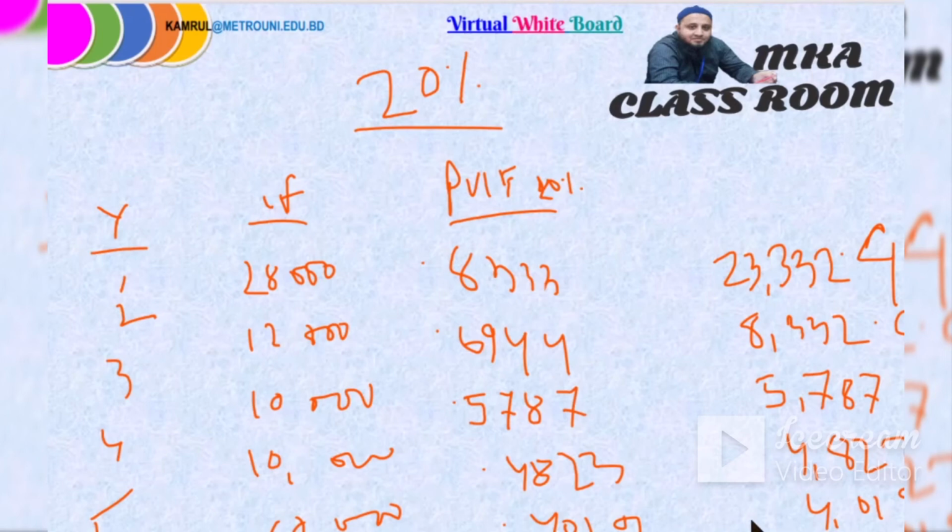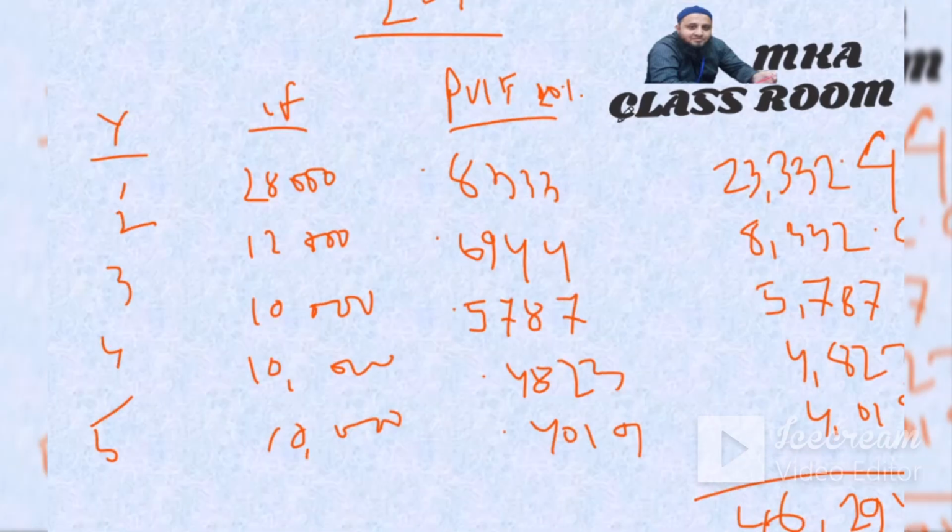Now we will try for 20%. That is our discount rate, discount factor at 20%: 0.8333, 0.6944, 0.5787, 0.4823, 0.4019.